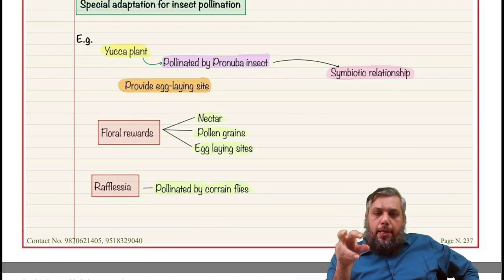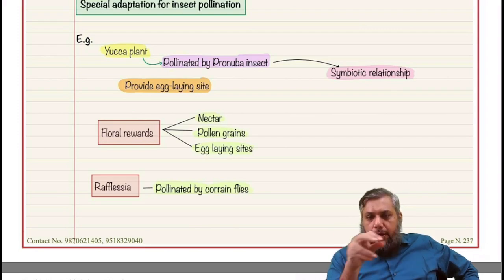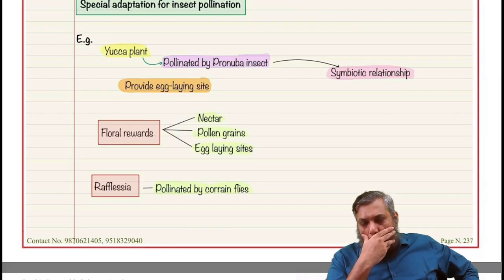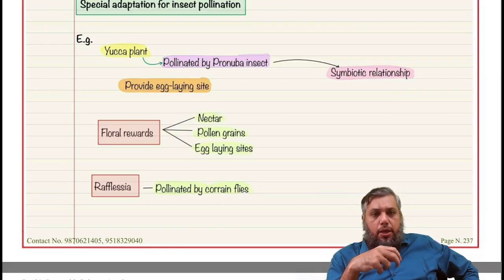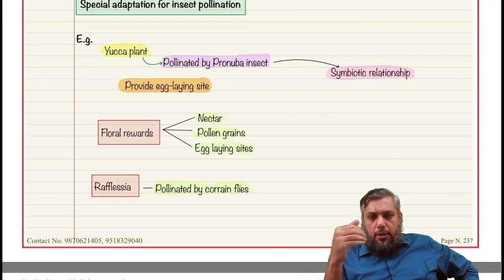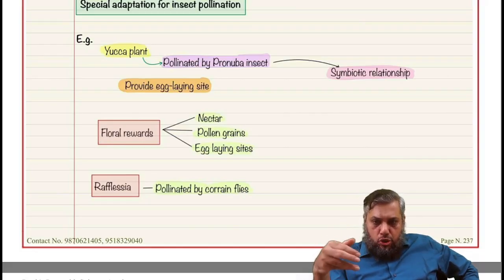These insects need to be rewarded. Then only they'll come to the flower to bring about pollination. So what are the different rewards that a flower can give to the insect? Either it could be nectar or pollen grains to eat, or in the case of yucca moth, the egg laying sites to ensure that yucca eggs will hatch.